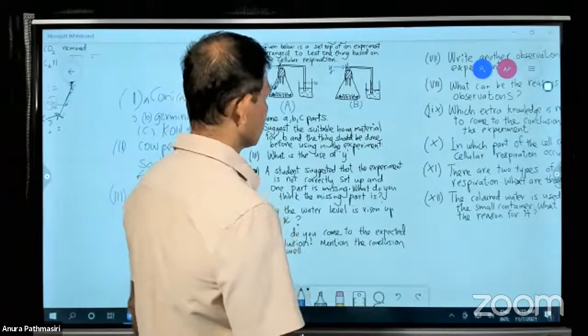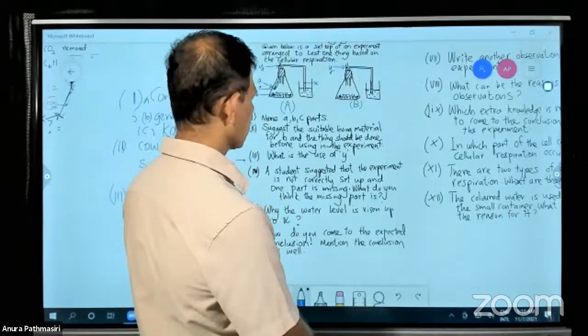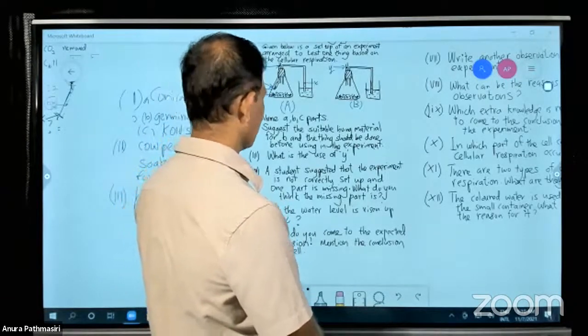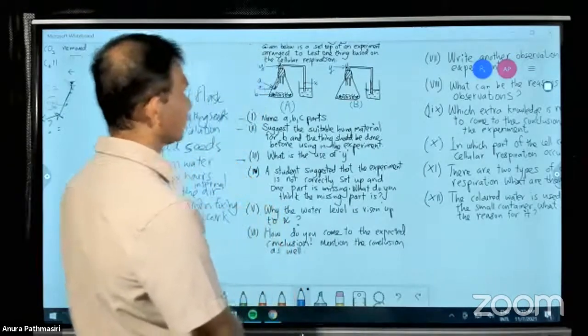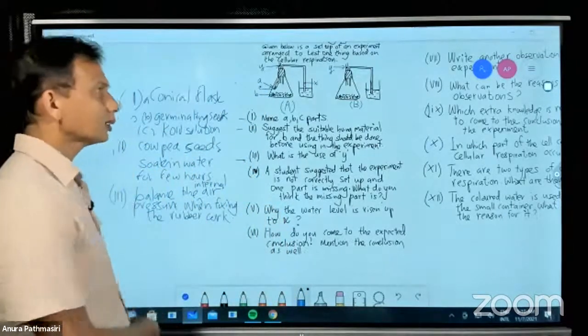A student suggested that the experiment is not correctly set up and one part is missing. What do you think the missing part is?